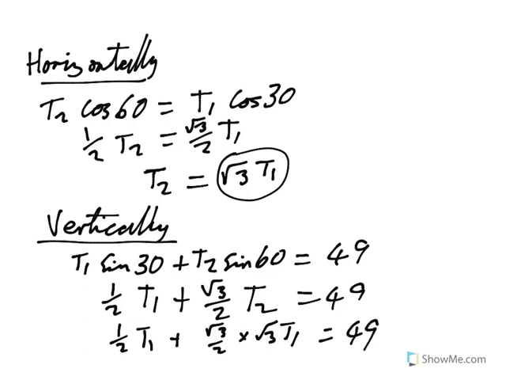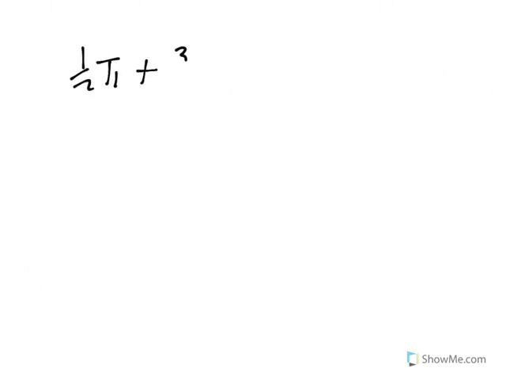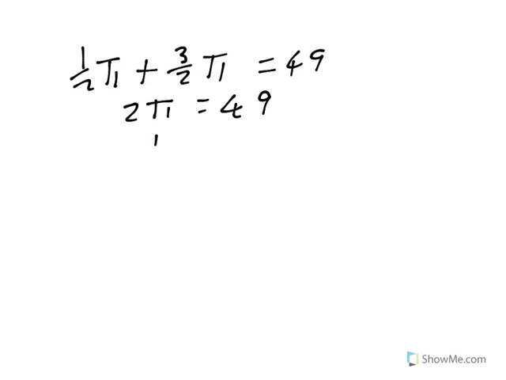So what then we've got is a half T1 plus root 3 times root 3 is 3, so 3 over 2 T1 equals 49. So you've got 4 over 2, which is 2, 2T1 equals 49. So the tension in string 1 is 49 divided by 2, which is 24.5 Newton.